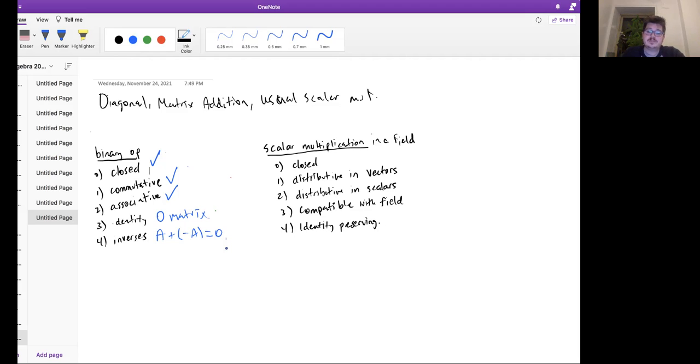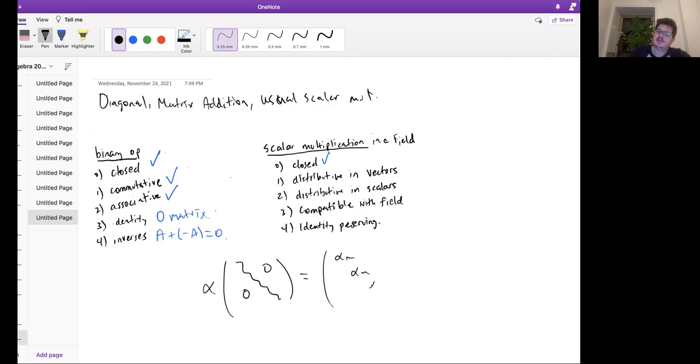Is it closed in scalar multiplication? Yeah, right? All you're doing when you do scalar multiplication is multiplying every entry by alpha.